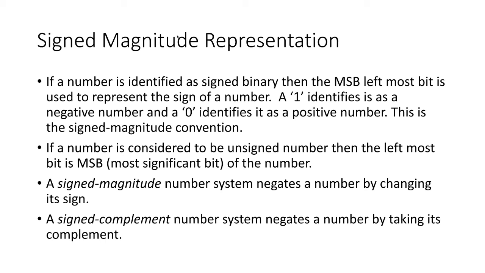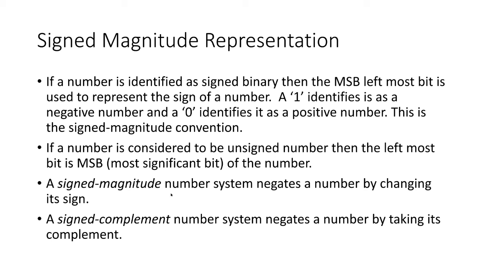The basic idea is that if you have a signed number, that most significant bit is going to represent the sign. If it's a 1, it's a negative number, and if it's a 0, it's a positive number. We have a couple of different ways of looking at this representation, and really it's about whether it is a signed magnitude number system or a signed complement number system.